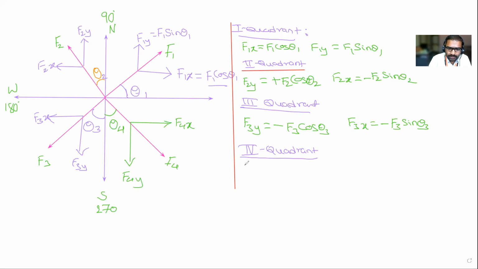So F4y is equal to minus F4 cos theta 4. Next, F4x is equal to plus F4 sin theta 4.